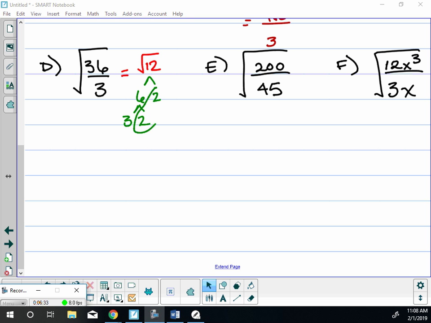So I have a pair of 2's and a 3 left over. So this can be written as we take the 2 out front since it's a pair. We leave the 3 inside since it's a single. So the square root of 36 divided by 3 can be written as 2 times the square root of 3.